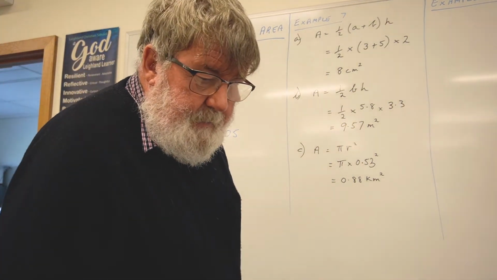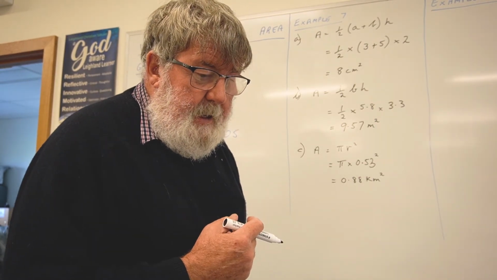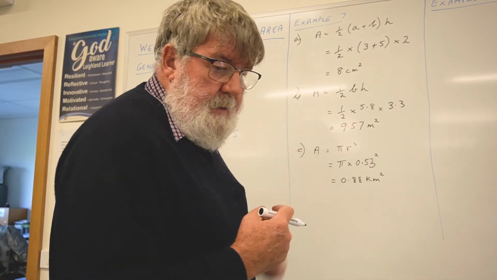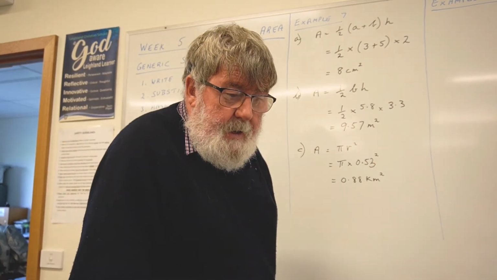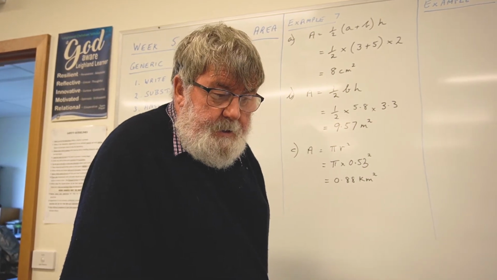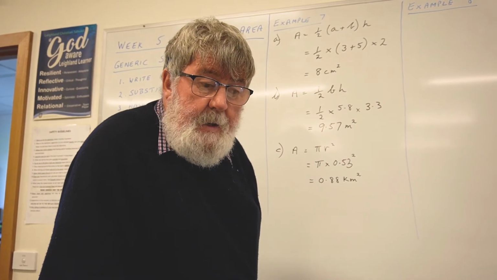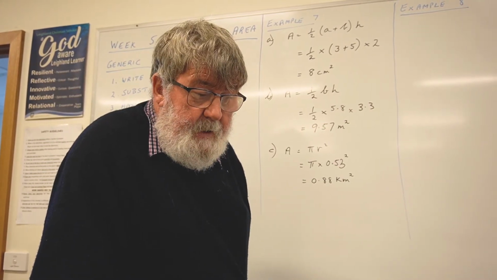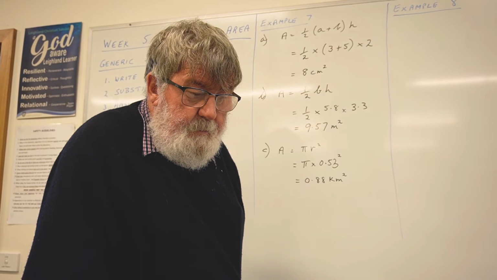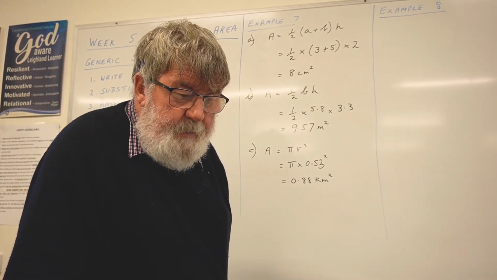Example 8 looks at what happens when you need to apply a little bit more mathematics, but the idea is that this generic method still applies. In 8a, if you look there on page 406, you can see that you've got a rectangle. Its area is 11 millimetres squared. It has a width of 2.3 millimetres, and you need to calculate the length.